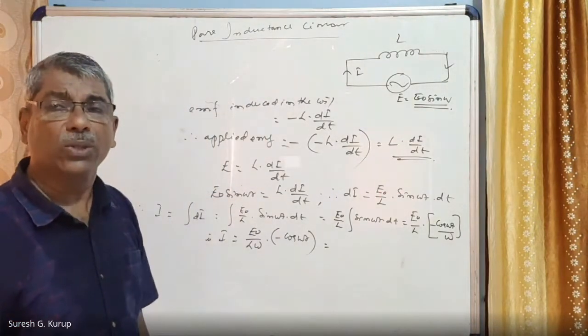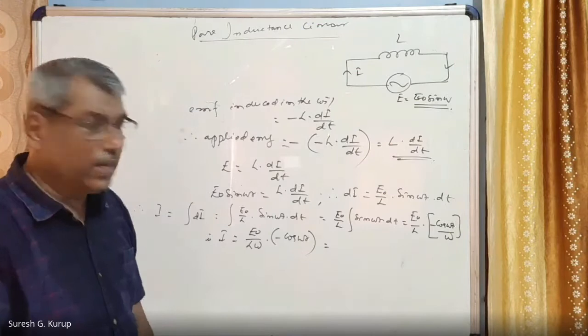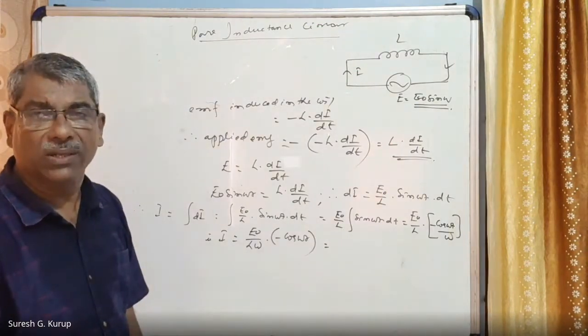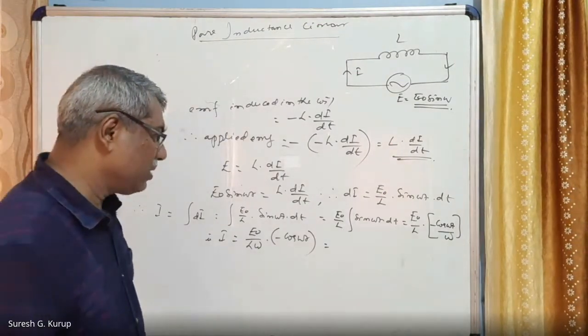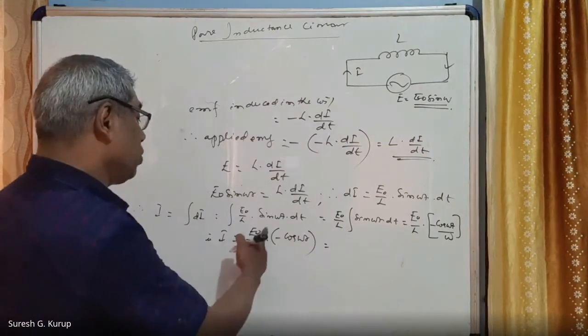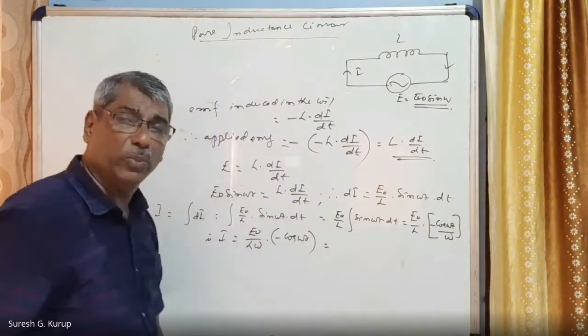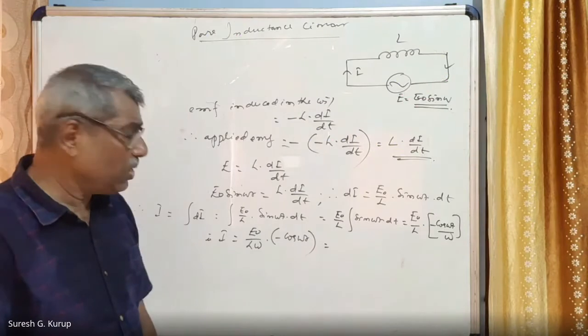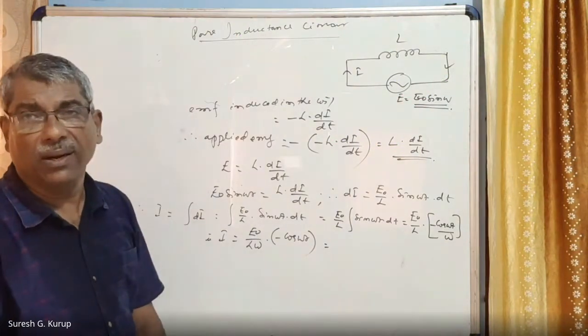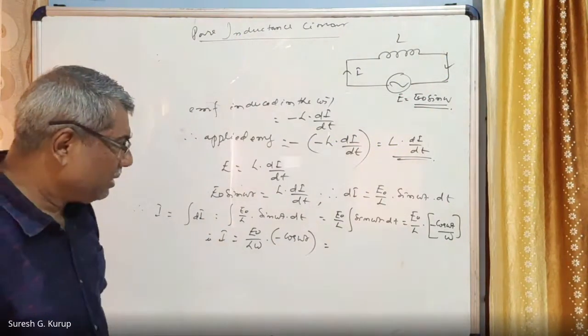So this is a negative cosine function. Am I correct? I is equal to E0 by L omega into minus cos omega t is a negative cosine function. Right?